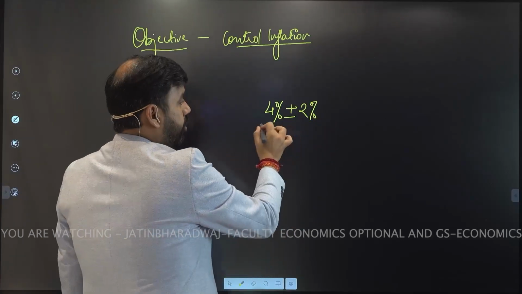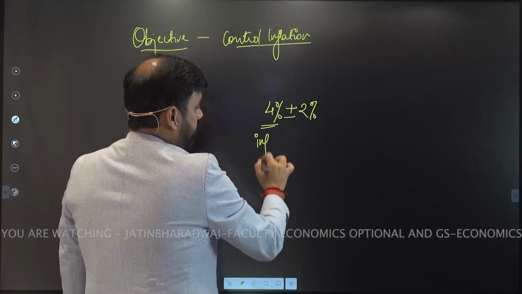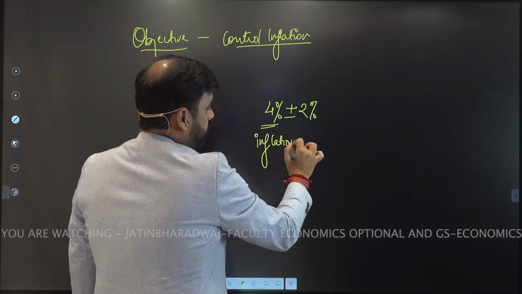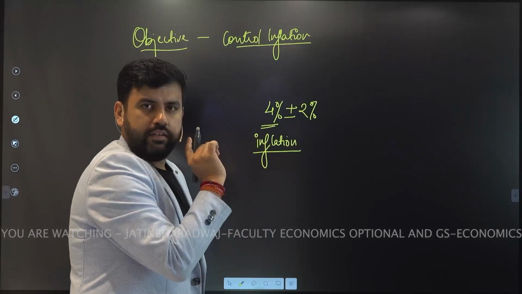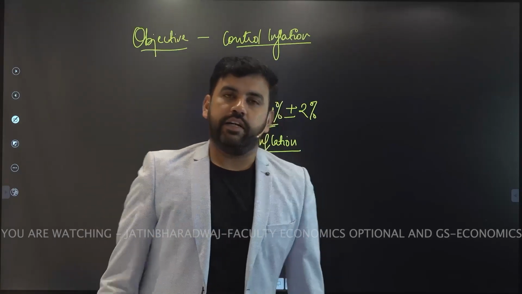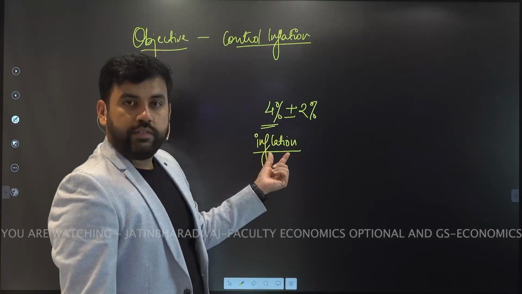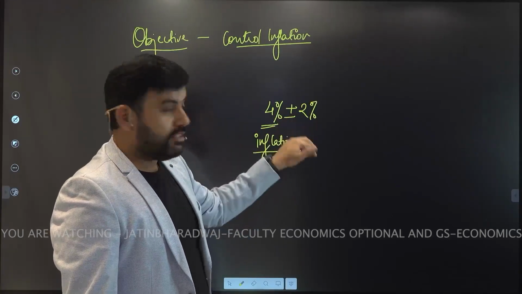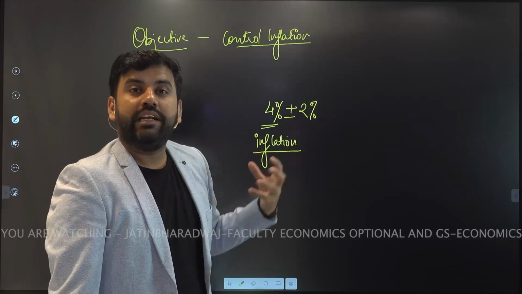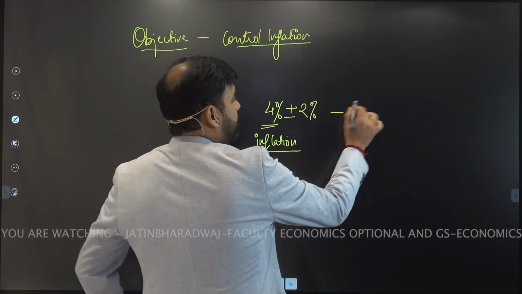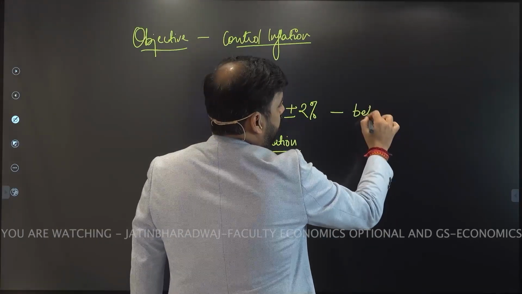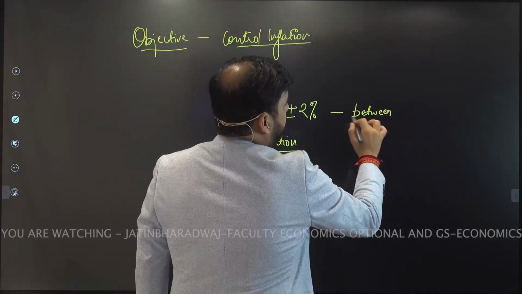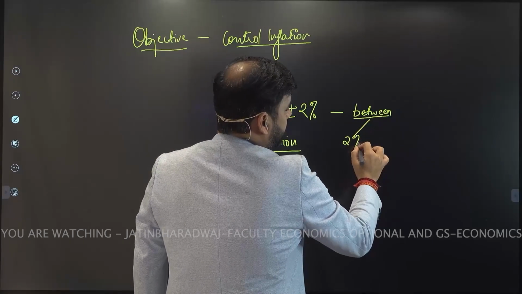4% is the inflation based on CPI, the Consumer Price Index, which we will be discussing later on. If inflation is 4% plus minus 2, that is a bearable range, so inflation can be between 2% to 6%.